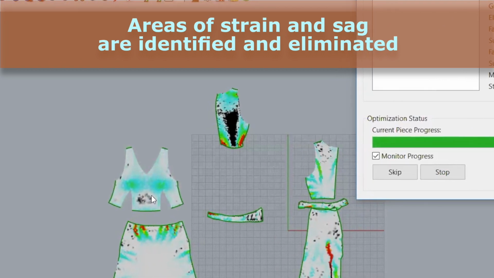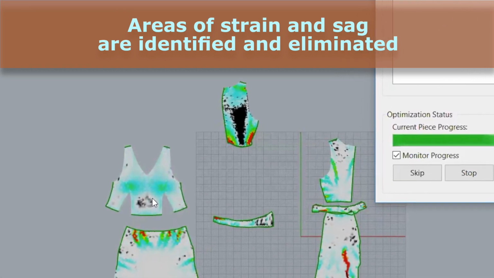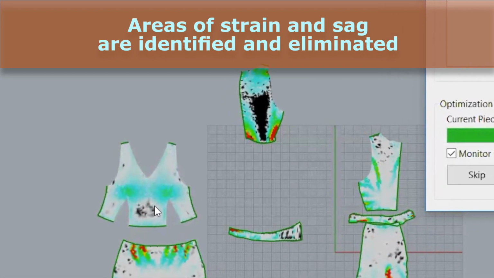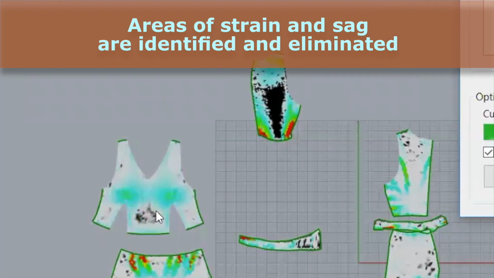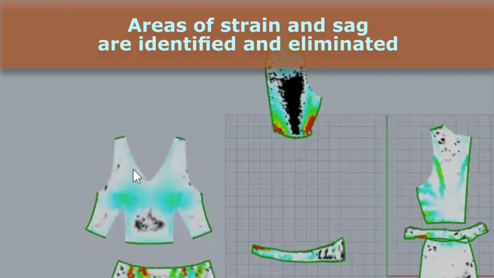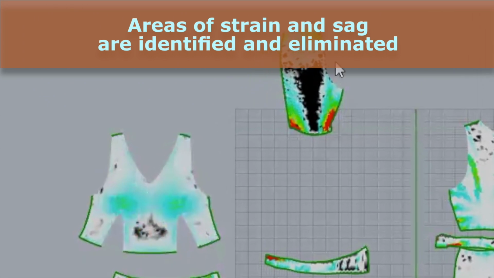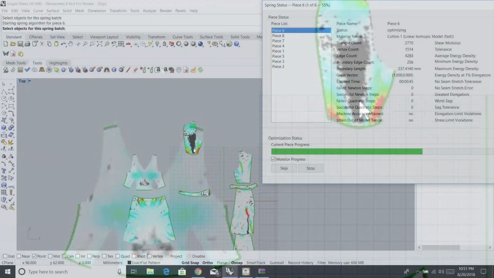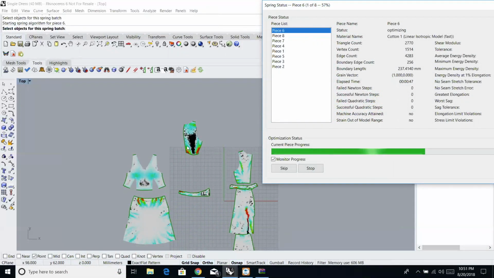And it is redrawing the pattern piece in such a way that it minimizes the strain and minimizes the sag. Is that how this is working? Exactly. So in this piece here that I have my cursor over, this black area shows a significant amount of sag in the material. So when the optimizer gets to this piece, you'll notice that it'll work that sag out of the pattern piece.